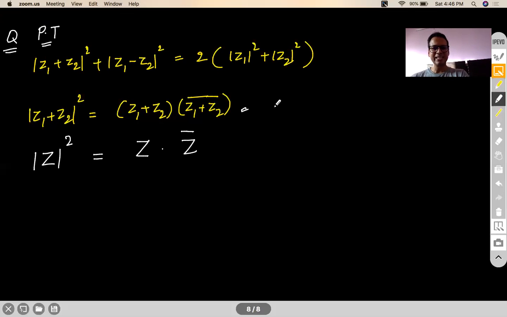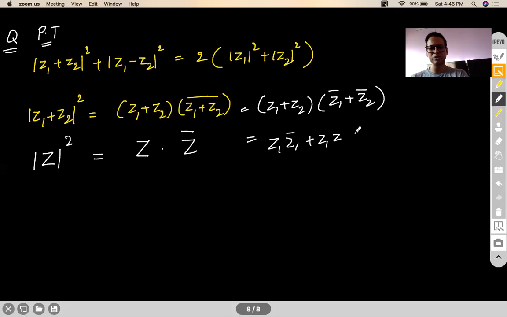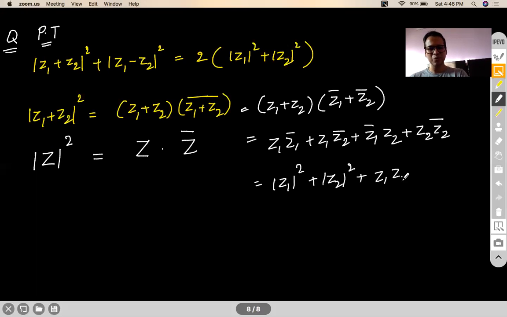Now, can I write the second term as z1 conjugate plus z2 conjugate? If you multiply, you get z1 z1 conjugate, z1 z2 conjugate, z1 conjugate z2, and z2 z2 conjugate. So this will give you mod z1 square, right? This will give you mod z2 square, and this will give you z1 z2 conjugate plus z1 conjugate z2.